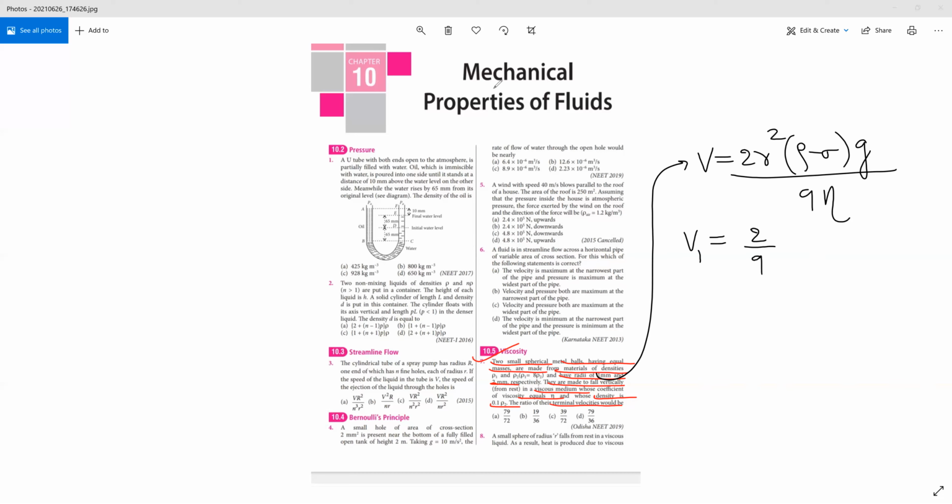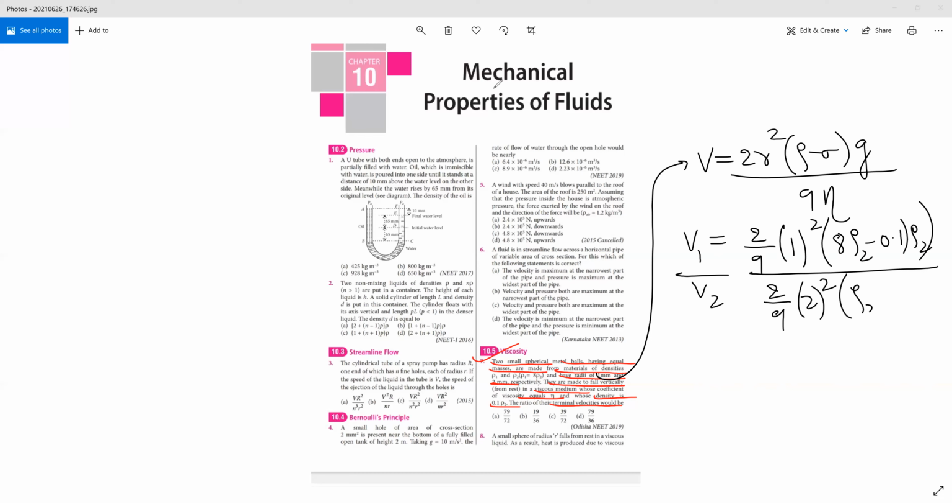Therefore, v1 is 2 by 9, r is 1 square into (8 rho2 minus 0.1 into rho2), divided by v2. v2 value is 2 by 9, r value is 2 square into (rho2 minus 0.1 into rho2).